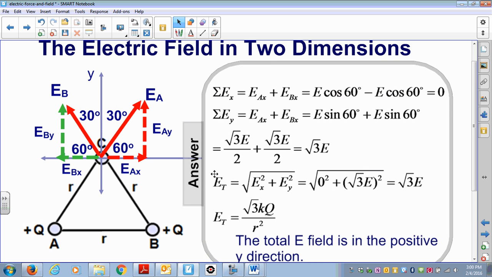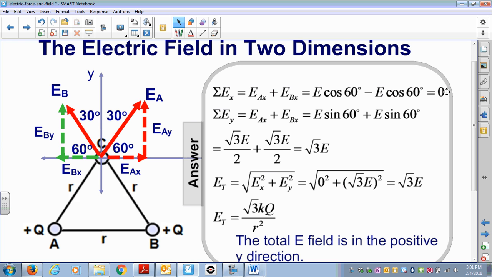Okay, so first thing we're going to do is find the x components. So you take EAX and EBX. Here it's going to be the cosine of 60 degrees times E. This is going to be negative E times the cosine of 60 degrees because it's pointing west instead of east. That gives us 0.